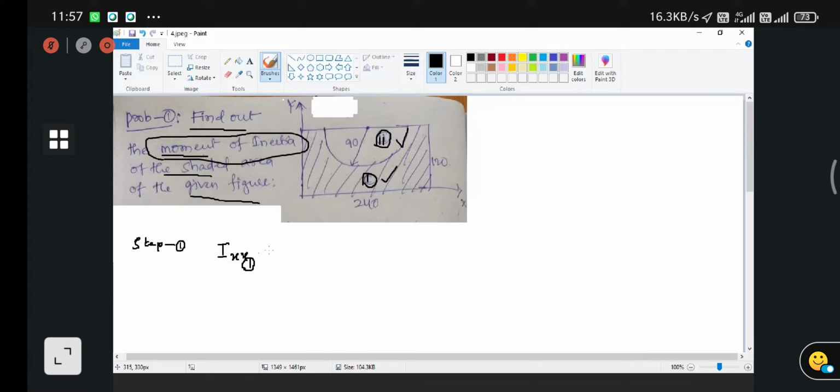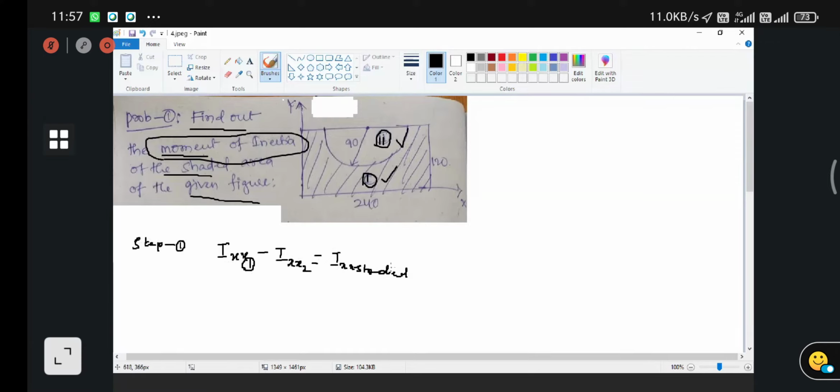From this I subtract the moment of inertia about the x axis of the second section, and then I get the moment of inertia of the shaded portion.